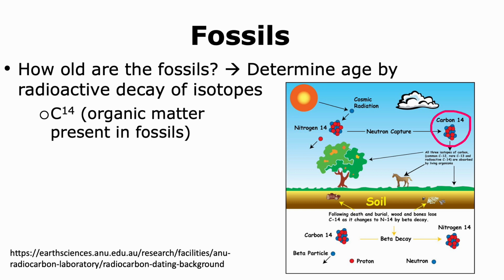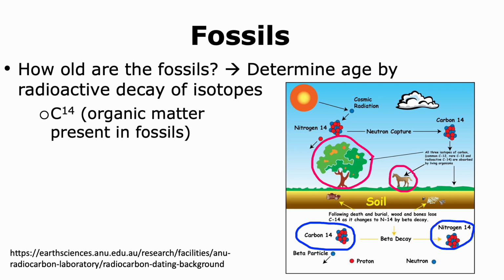Carbon-14 is a radioactive isotope of carbon that is present in the atmosphere. This carbon-14 can be taken up by living organisms, and hence all living organisms have a certain amount of carbon-14 in their bodies. Carbon-14 is radioactive, and hence it can undergo beta decay to form nitrogen-14.